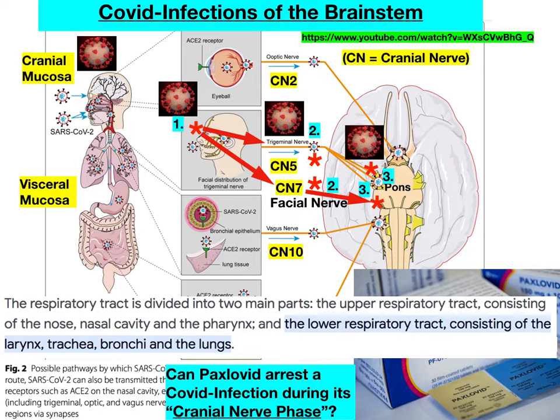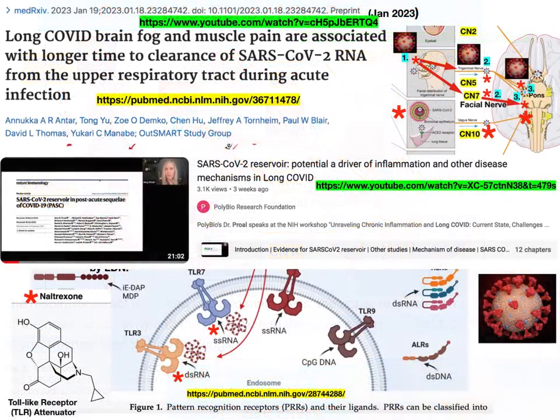However, we now know that the mucosal phase was merely a period of time to generate virions which could be launched into cranial nerves, which cannot be sampled through nasal swabs, nor would these virions be detectable in serum. And yet, they are moving in endosomes towards cranial ganglia and eventually the brain stem.